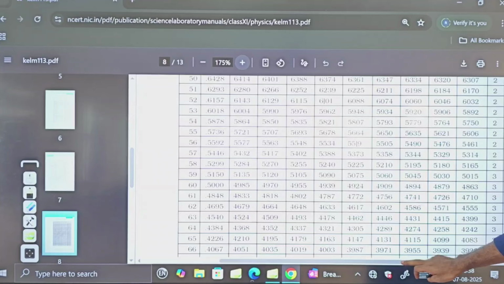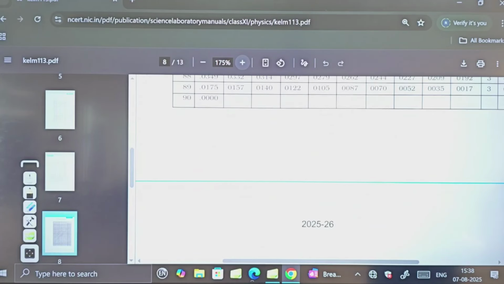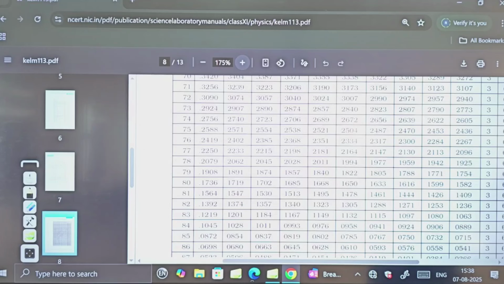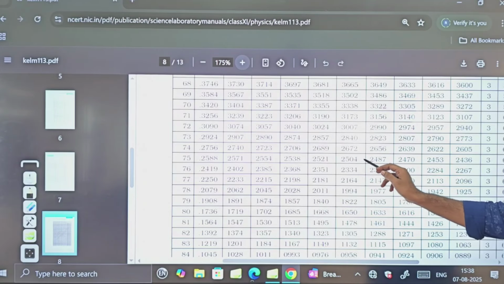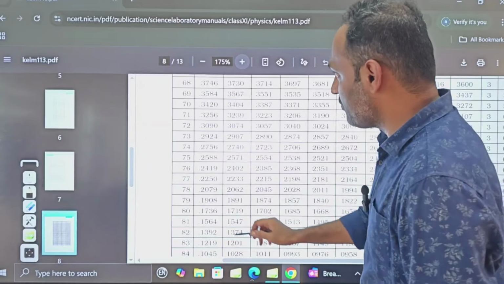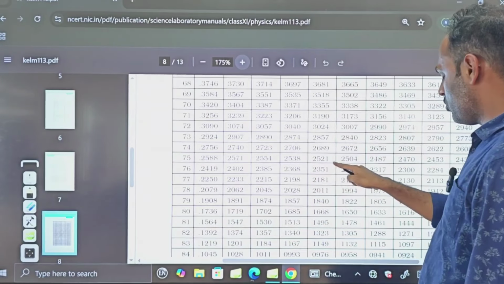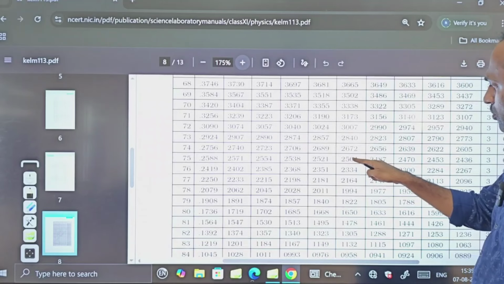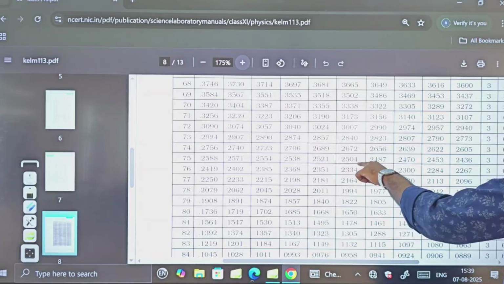We are searching for the 4 digit number for 0.25. So let us see where 0.25 is. See, 0.2487, 0.2504. So this is 75 degree. Look here, in the 75 degree row you have 0.2504.